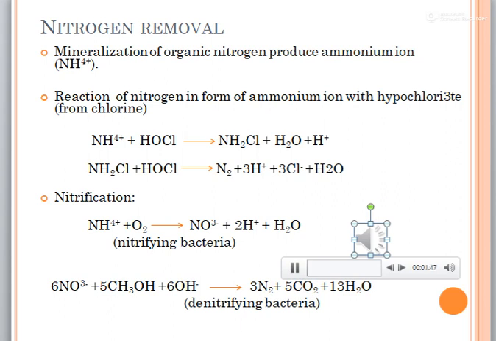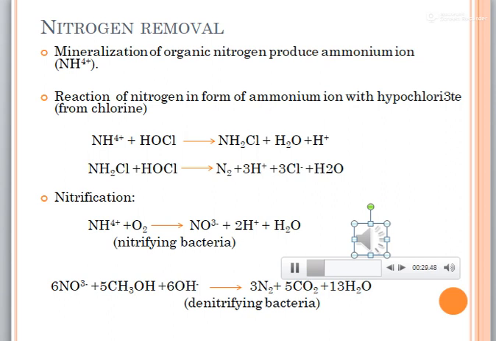Next to phosphorus, the algal nutrient most commonly removed as part of advanced wastewater treatment is nitrogen. Numerous chemical, biological, ion exchange and membrane techniques can be used to remove nitrogen from water, as these techniques were discussed previously in slides. Mineralization of organic nitrogen in wastewater treatment first produces ammonium ion.